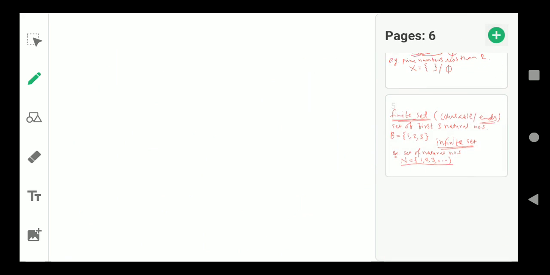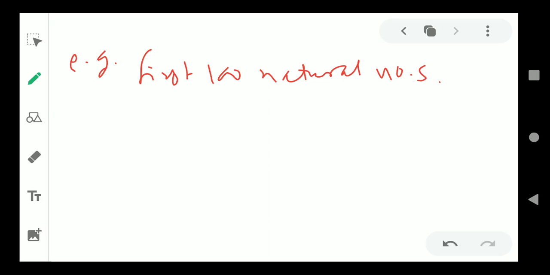What if we have a finite set but the list is very long? For example, the first 100 natural numbers. Suppose the name of the set is N. Here we need not write 1, 2, 3, 4 up to 100.